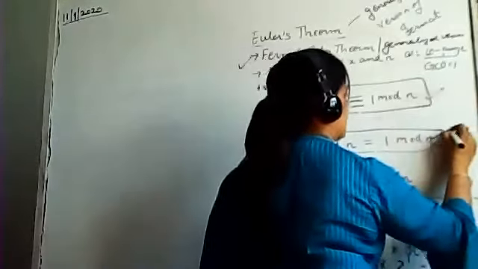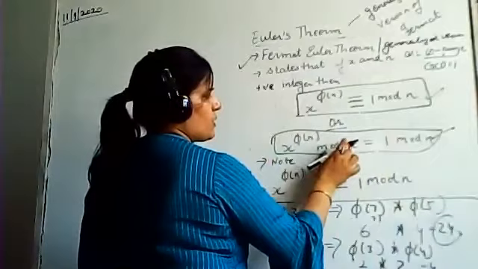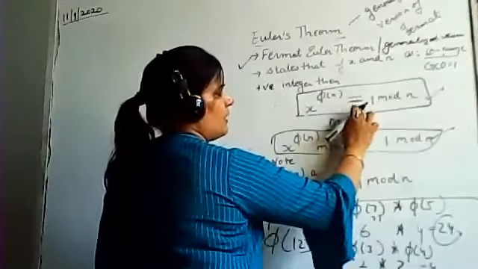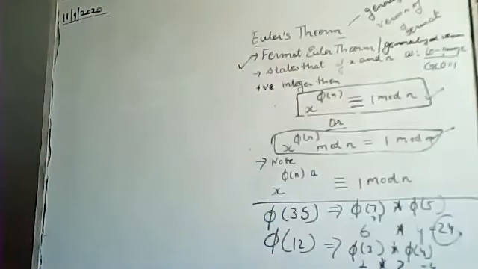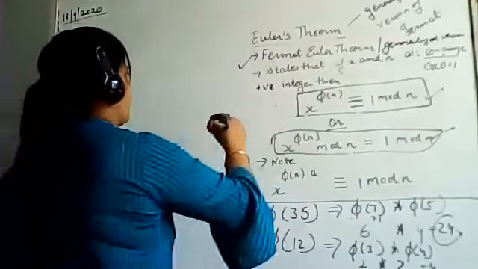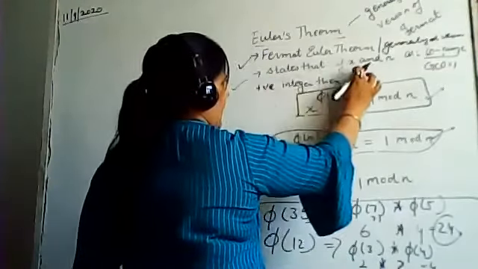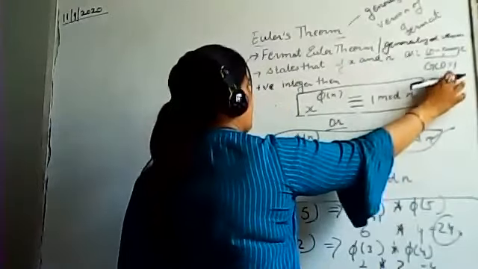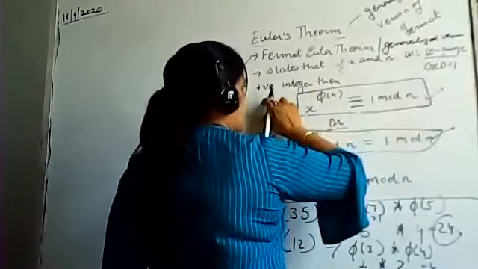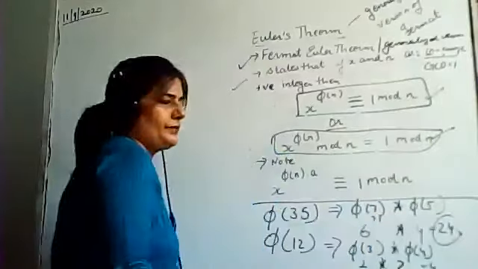Both are the same, but if you don't write mod n on both sides and just use this sign, it represents that you are using mod on both sides. Clear? So this is what Euler's theorem is: if x and n are co-prime, that means GCD is equal to 1, positive integers, then x raised to power phi(n) is congruent to 1 mod n.